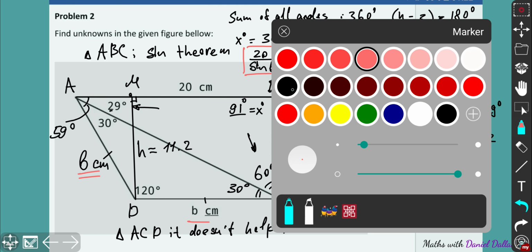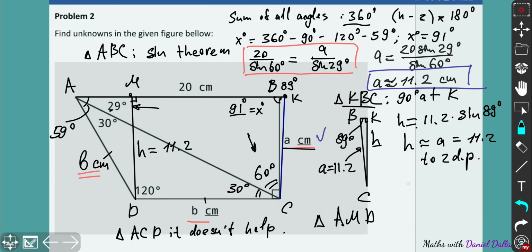If we consider AMD, it's a right angle, so B is the hypotenuse, and we have the opposite leg to the angle 59. So 11.2 will be equal to B times sine of the angle 59.